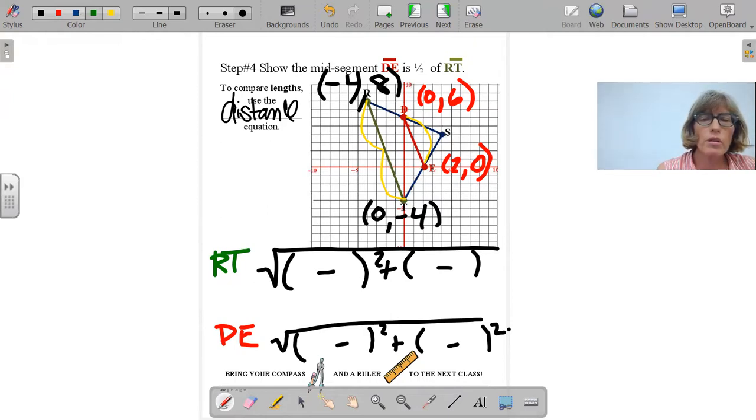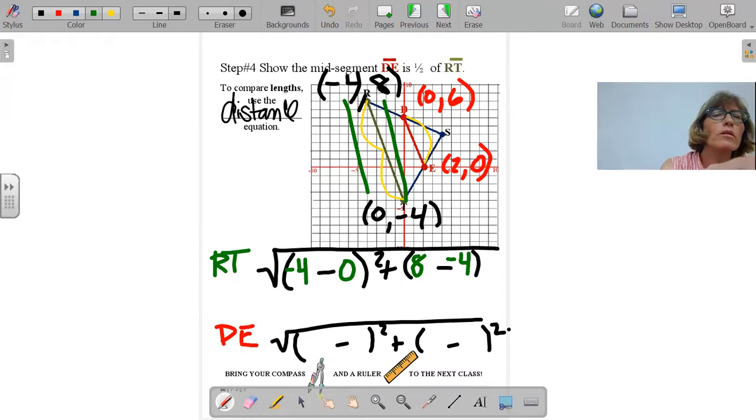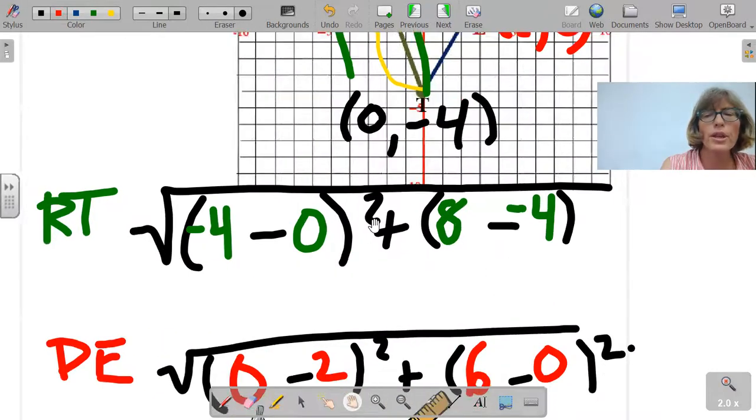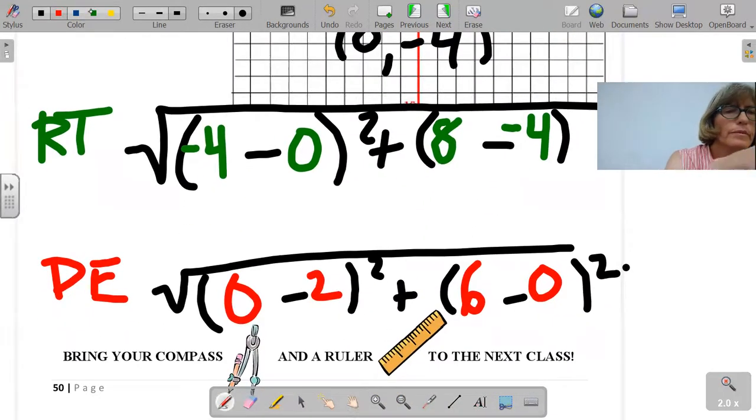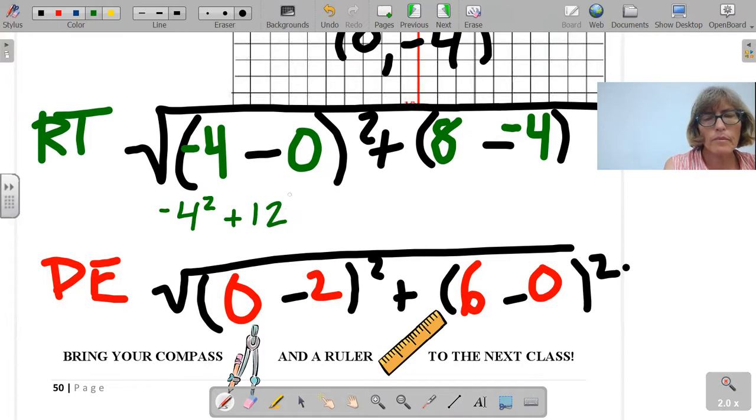There's your templates. Ready? R to T. This is going to be -4 minus 0. It's 8 minus -4. D to E, 0 and 2, and then 6 and 0. Zoom in and do the math here. Go sideways.